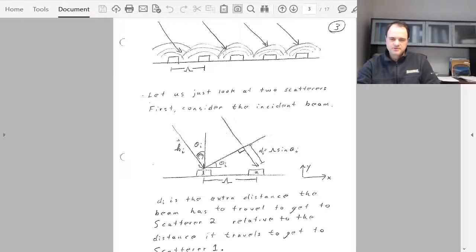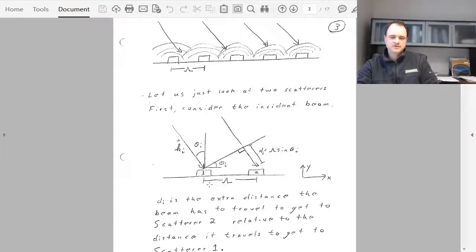And we can do the geometry. This is the angle of incidence. That angle equals this one right here. This is equal to the period. Capital lambda is a Greek letter often reserved for the period or the lattice constant, the repeat unit of our structure, our gradient in this case. Then this is simply capital lambda times sine theta I. So this is not wavelength, this is not lowercase lambda.